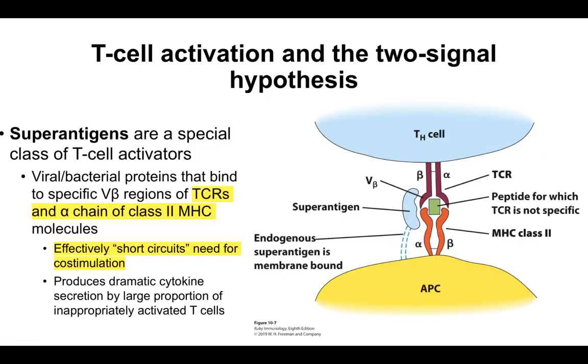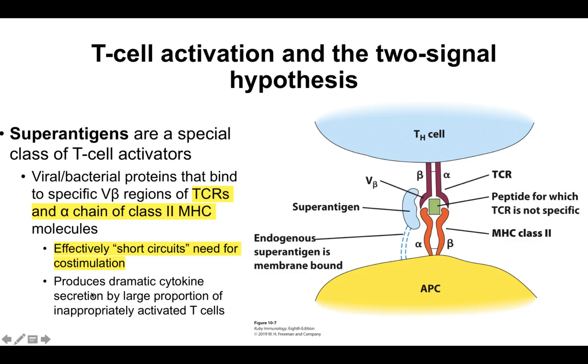What are superantigens? Superantigens can basically short circuit the need for co-stimulation. Even if an antigen is being presented by an antigen presenting cell that the T cell receptor doesn't actually bind to, a superantigen can still activate this T helper cell to proliferate and produce a lot of T cells that are inappropriate.